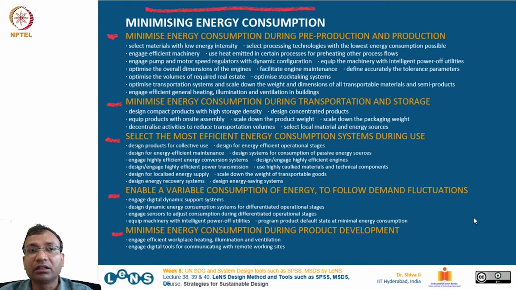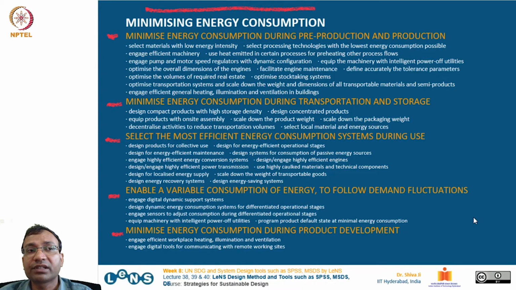Further, equip the machinery with intelligent power-off utilities, so that no power is wasted once the machine is not in use. Optimize the overall dimensions of the engine, and facilitate engine maintenance. Define accurately the tolerance parameters, and optimize the volumes of required real estate. Optimize stock-taking systems.